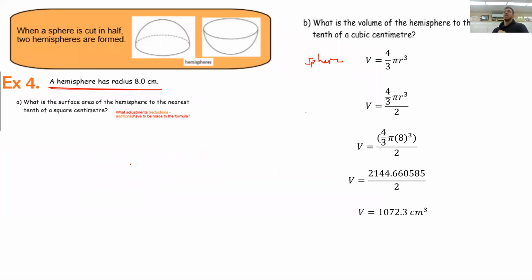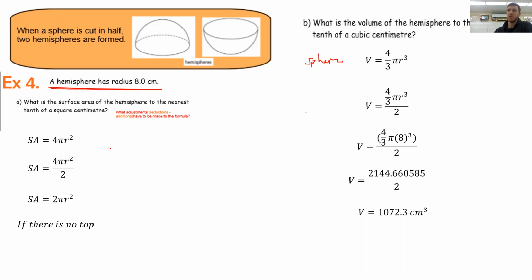All right. The surface area is a bit different. What is the surface area of a hemisphere? The surface area of a sphere is 4 pi r squared. So if we're doing a hemisphere, you divide it by 2, and you get 2 pi r squared. However, when you cut this in half, there is no top to the hemisphere.